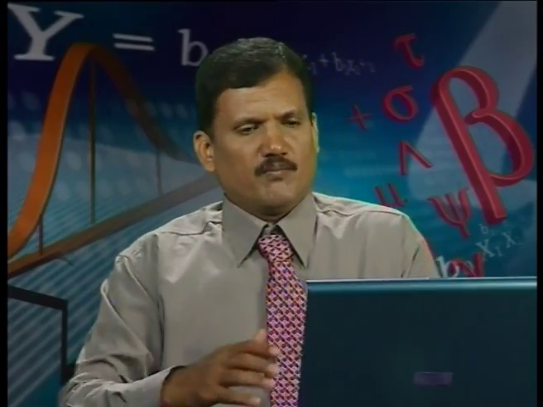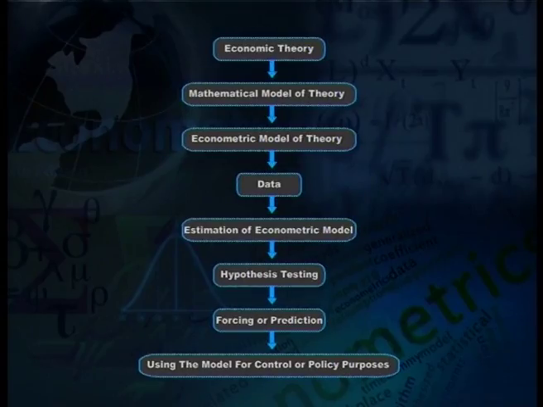Then we can summarize the whole econometric methodology into the following chart. First, we have to frame the economic theory. Then after framing the economic theory, we have to change that economic theory into a mathematical model. In the next step, we have to introduce the random variable, then it will become the econometric model.